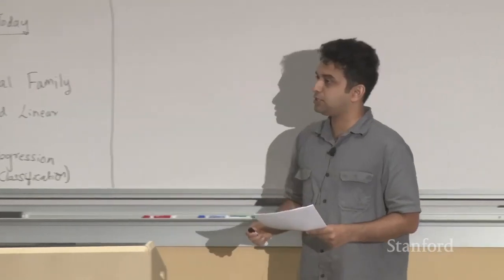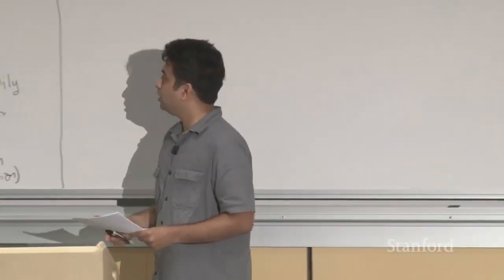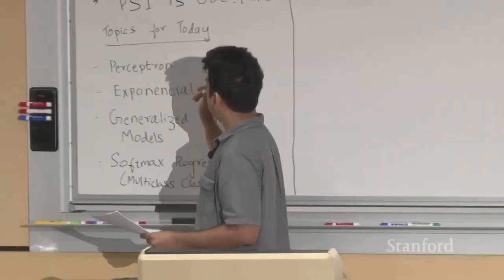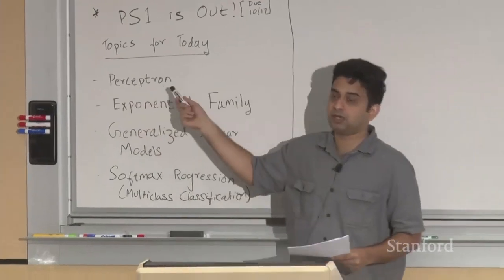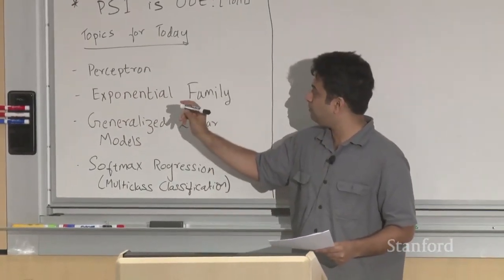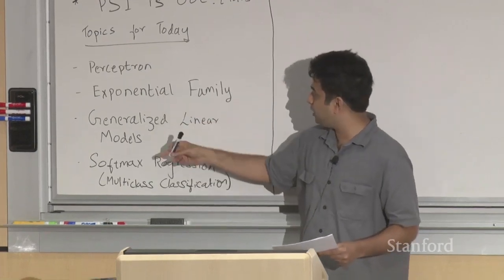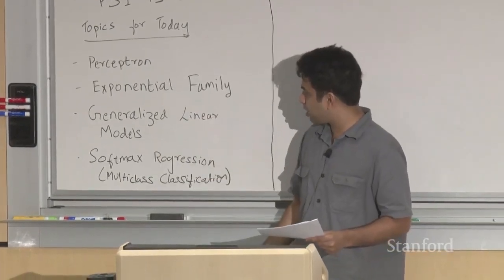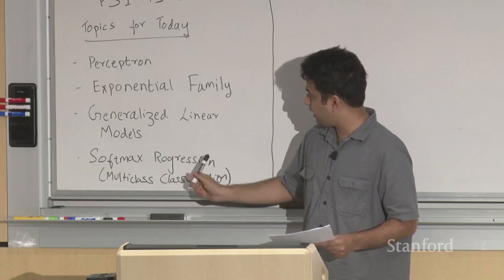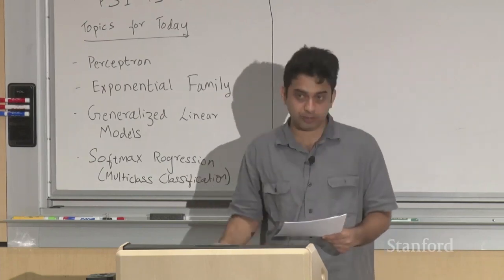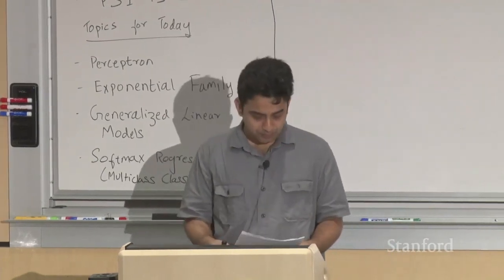With that, let's jump right into today's topics. Today we're going to cover briefly the Perceptron algorithm, and then a good chunk of today is going to be exponential family and generalized linear models, and we'll end with softmax regression for multi-class classification.